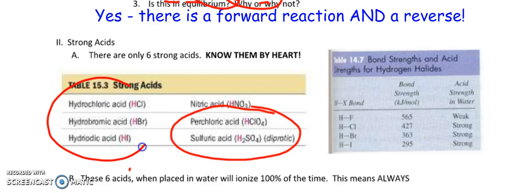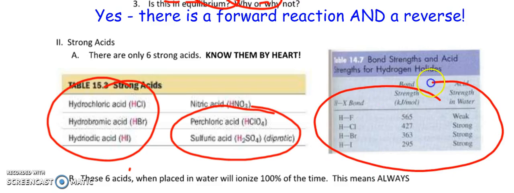You may be wondering, look at the hydrogen halides, you're missing HF. Why are you missing HF? It has to do with the bond strength and the acid strength. So what does that chart tell you? The stronger the bond, meaning how hard is it to rip that H off the F, the more energy it takes.